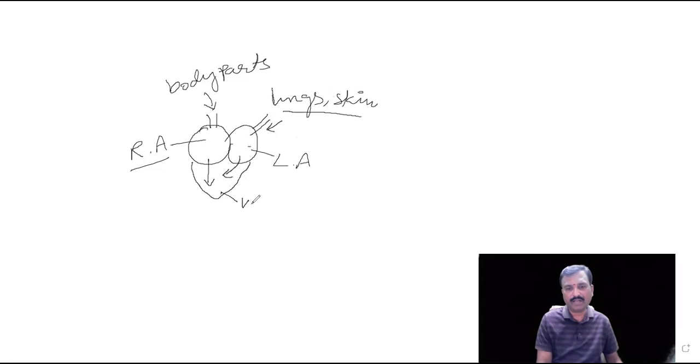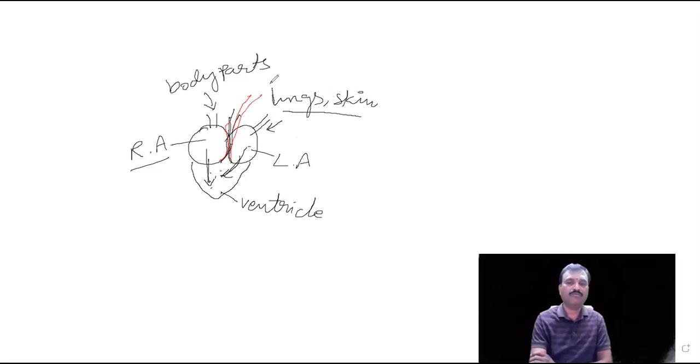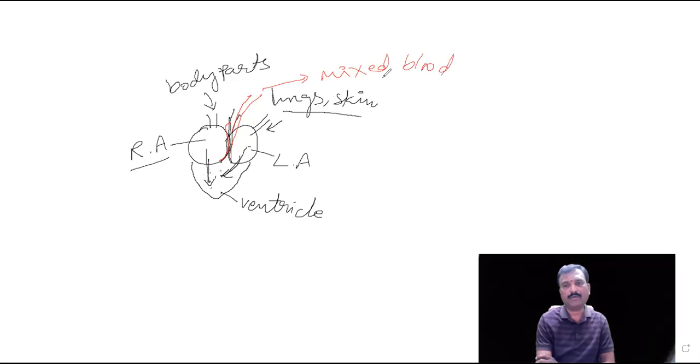In the ventricle, please observe, oxygenated and deoxygenated bloods are both mixing. From here, through the conus arteriosus, this mixed blood will be supplied to body parts. Remember, in amphibians, which kind of blood is supplying? Mixed blood is going to all body parts.